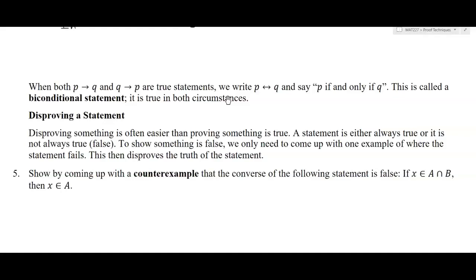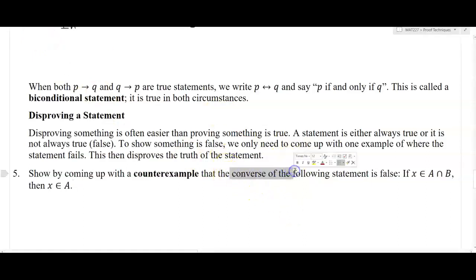So this is called a counterexample, an example that counters the argument, and show by coming up with a counterexample that the following statement is false. Excuse me, that the following statement is false, not the converse of.